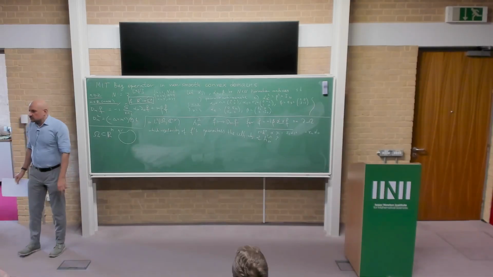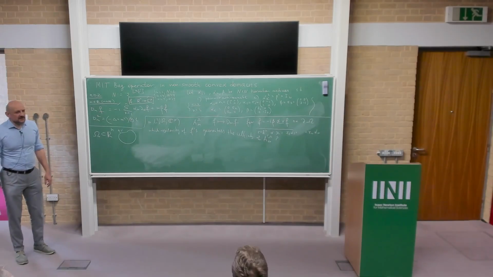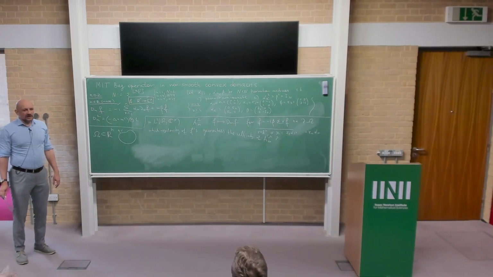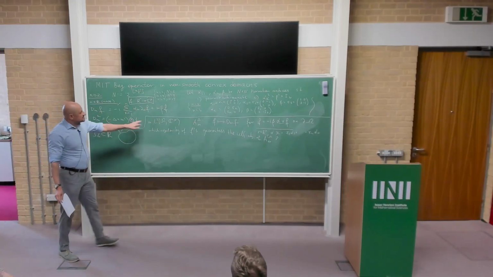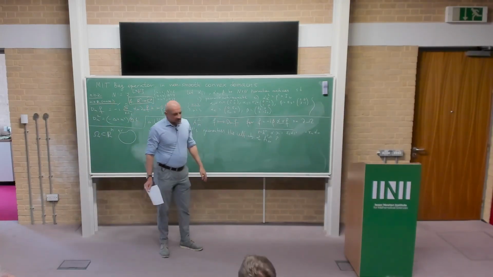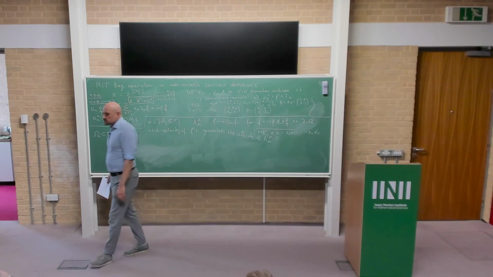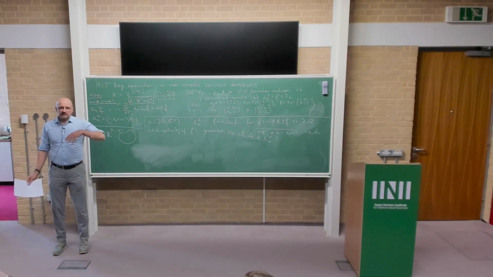It was introduced maybe in the 60s, 70s as a confinement model in relativistic physics. The general idea is that the Dirac operator with those boundary conditions should be considered as a relativistic analog of the Laplacian with Dirichlet boundary conditions.